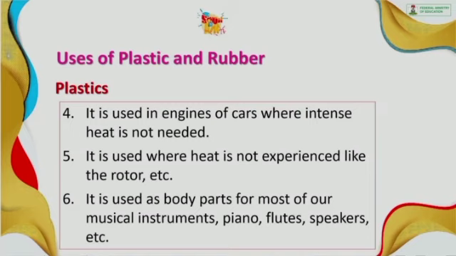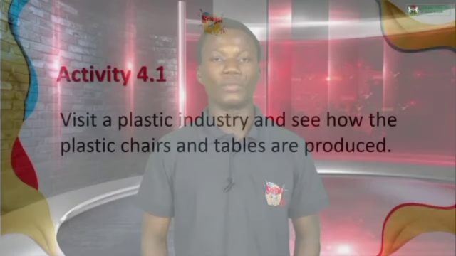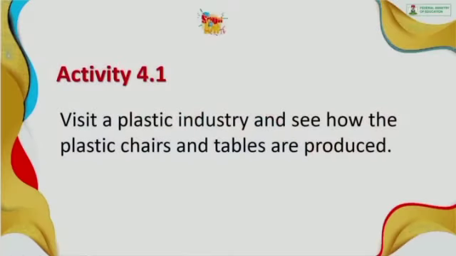So let's go to the activities for this chapter. I'll be giving you activities and I hope you do these activities on your own. Activity 4.1: visit a plastic industry and see how plastic chairs and tables are produced.